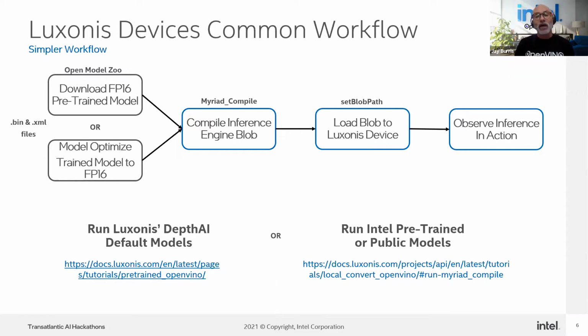Then you set the blob path in an application that you develop. I'm going to show you examples, what Luxonis calls DepthAI experiments, really sample applications that import and set the blob path, and then you can observe the inference action in place.